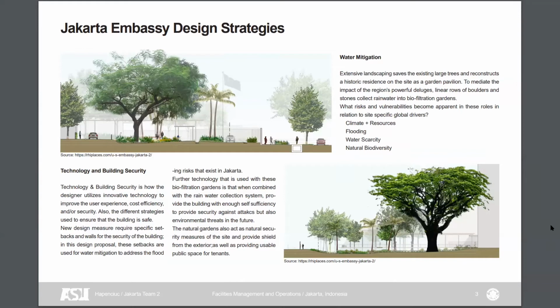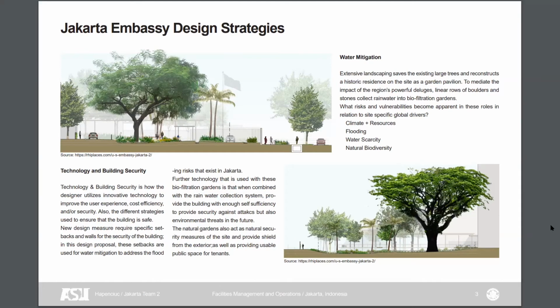So what that entails is, again, providing water source during moments of drought, but also mitigating it during the monsoon seasons. But also with these biofiltration gardens and the rain collecting roof system, it really allows the building to, again, filtrate and store its own water and not take away resources from the city of Jakarta itself. So as it stands, it doesn't take away from the infrastructure of the city. It kind of stands on its own.